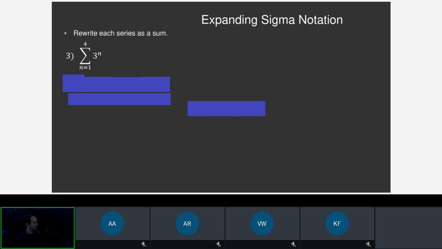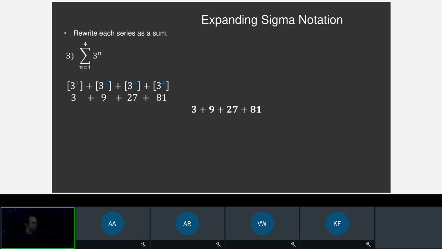Okay, you should have enough time to finish. So we just plug in 1 to 4. And that's what you should get for your first step. And then you put it all together, and that's what you get.